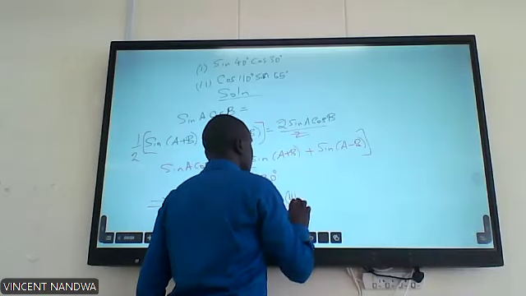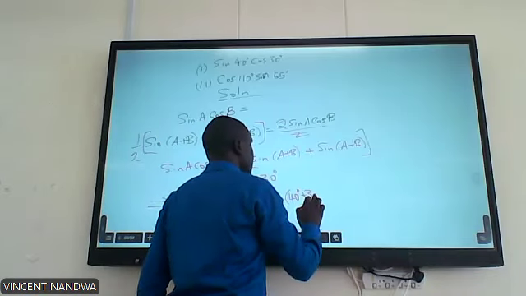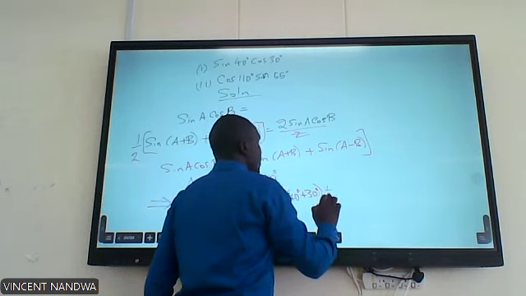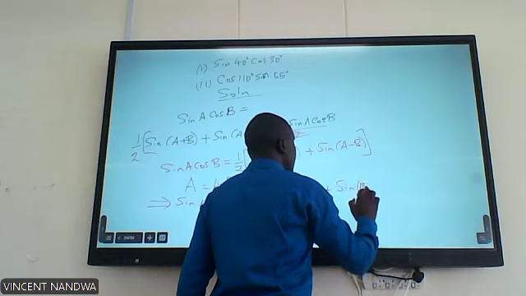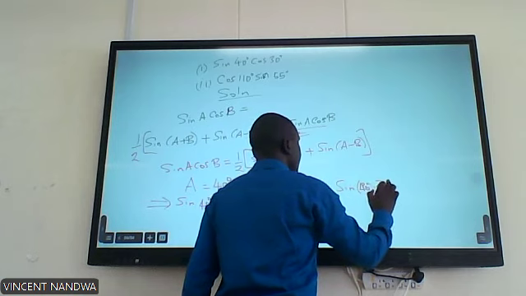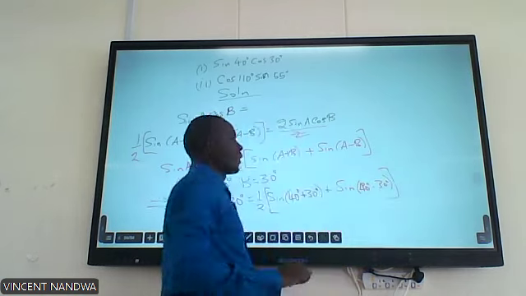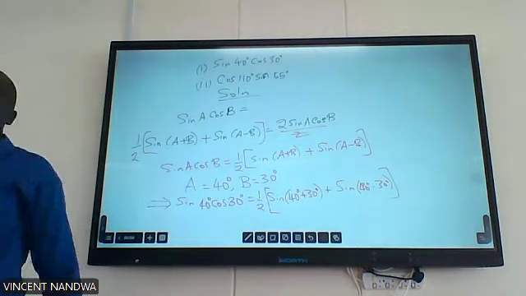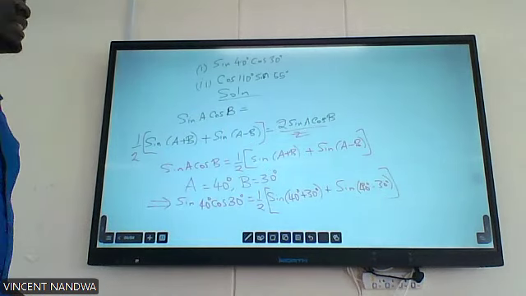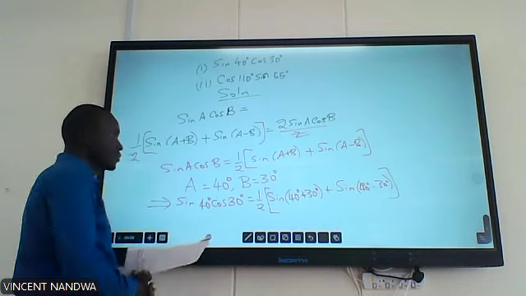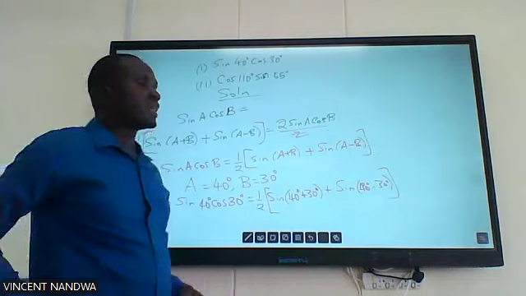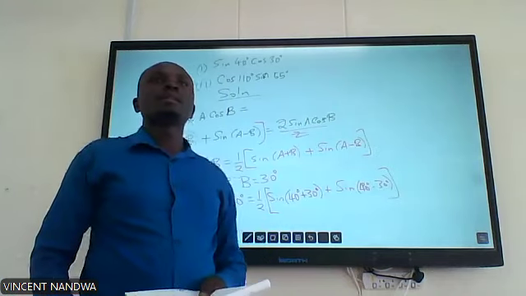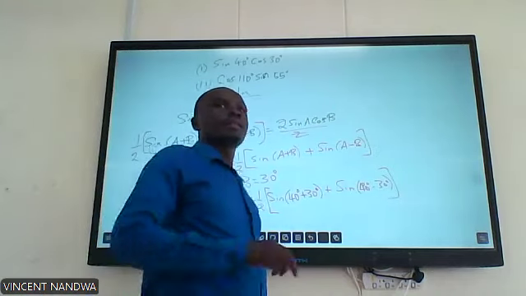So 40 plus 30, plus sine 40 minus 30. So 40 plus 30 is 70, 40 minus 30 is 10.